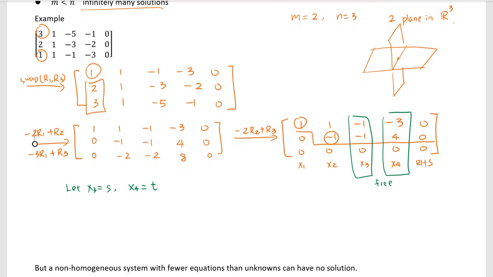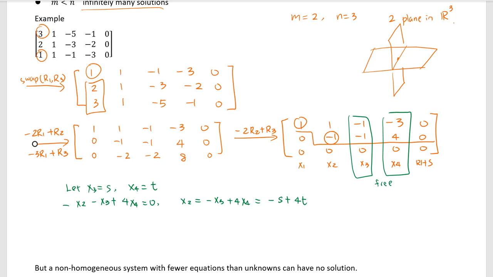And then the second row tells us that minus x2 minus x3 plus 4x4 is 0. Well, we can move the x2 to the other side, becoming negative x3 plus 4x4. x3 is s, x4 is t.